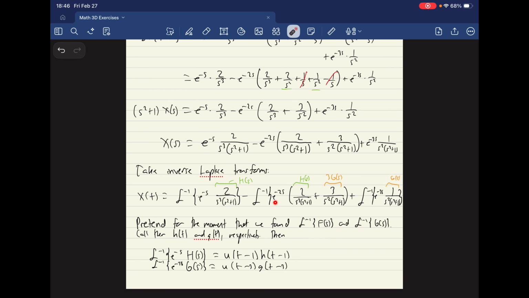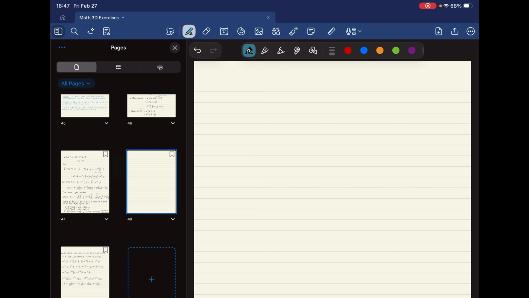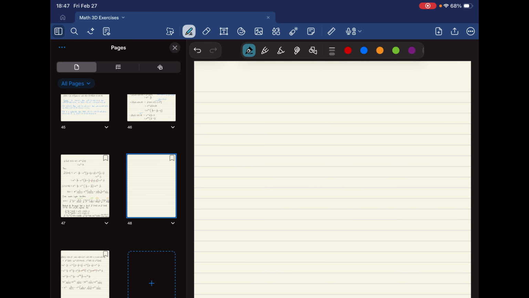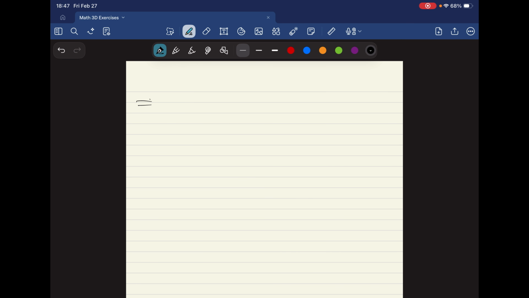And so then, let me add another page. Then it would follow that x of t is exactly, well, we just now have to do this minus this plus this from this expression up here.